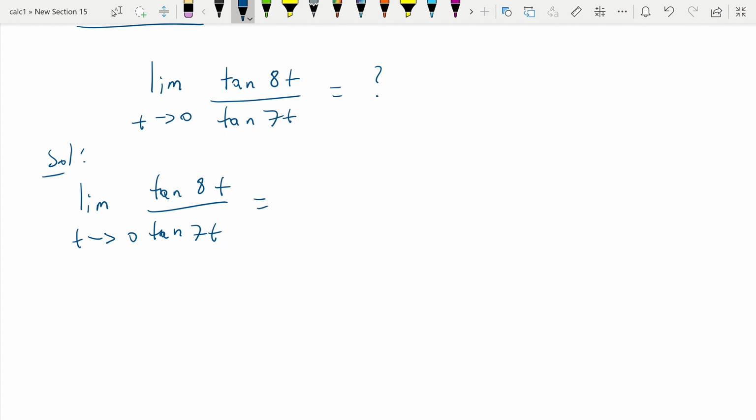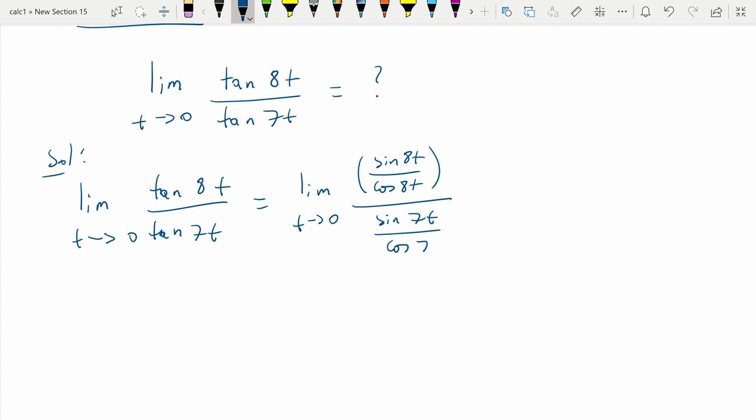So the first thing to do is to write the tangents here as the quotients of sines and cosines. So the numerator here is the sine of 8t divided by the cosine of 8t, and the denominator is the sine of 7t divided by the cosine of 7t.